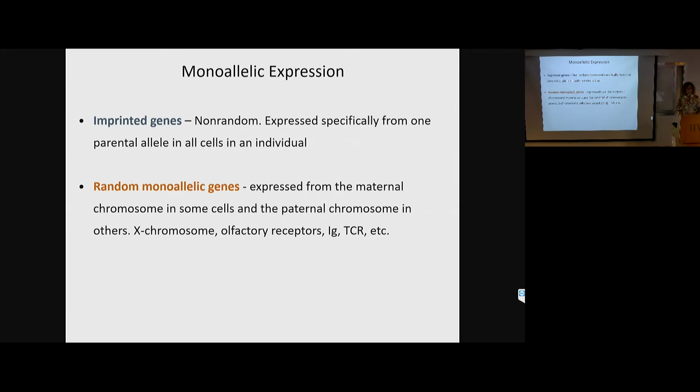In some cells, this is the paternal allele that is expressed. In other cells, the maternal allele is expressed. And the best known example for that is the X chromosomes, but also olfactory receptor, immunoglobulin, TCR, the T cell receptor, etc.